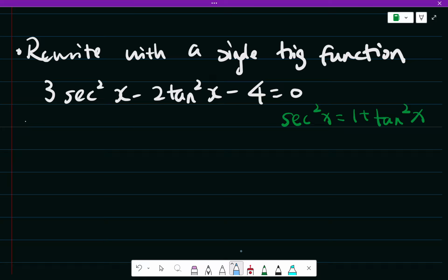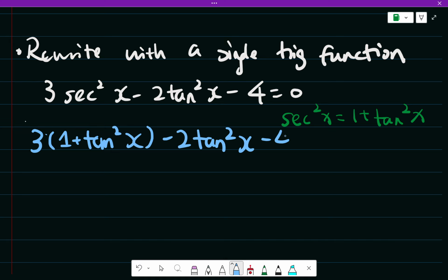So if we apply this, by substituting 1 plus tangent squared x for secant squared x in this question, we would have 3 bracket 1 plus tangent squared x, minus 2 tangent squared x minus 4 is 0.